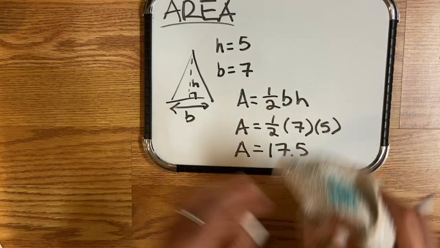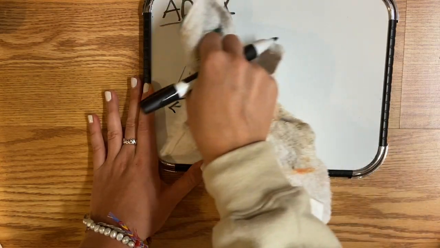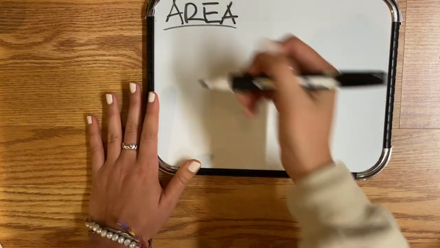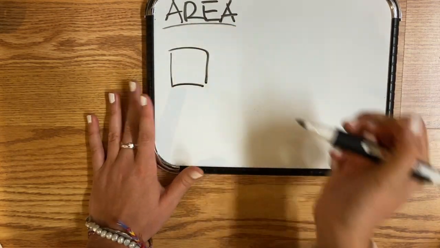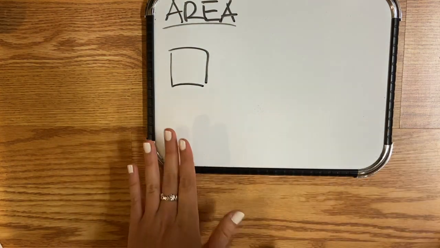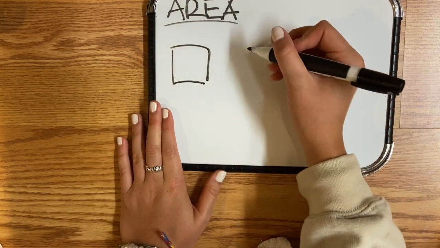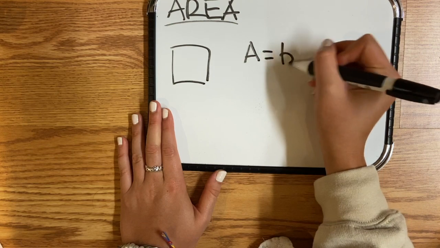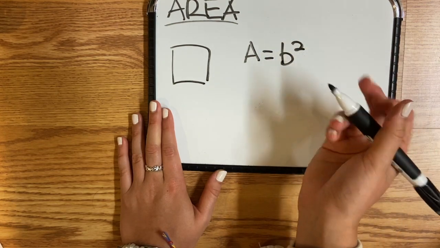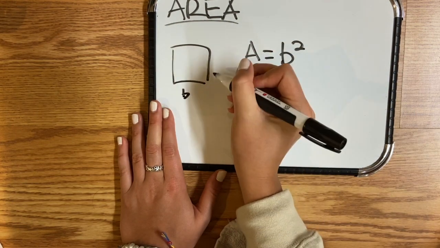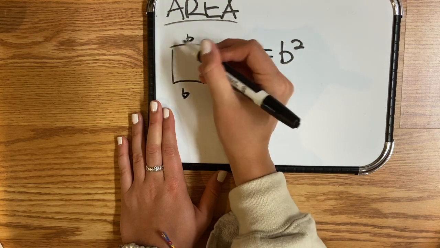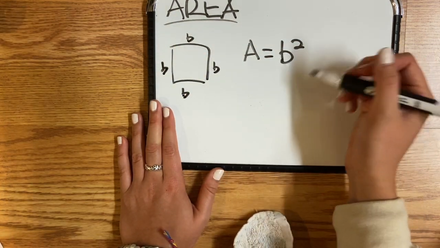Awesome. And then let's talk about the area of a square. The area of a square is actually my favorite one because the equation is simply b squared. Now what is b? B is all the sides, any side. And b can be any variable.